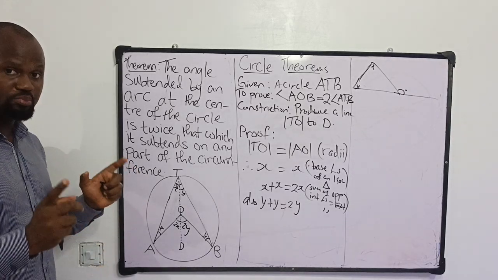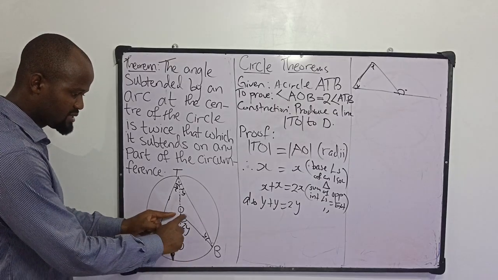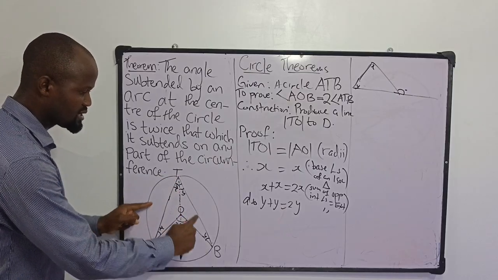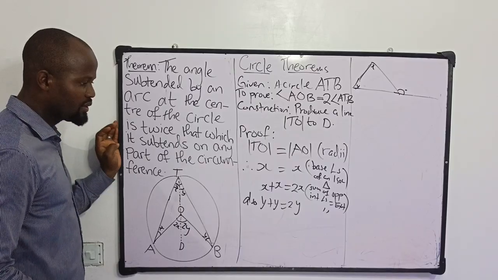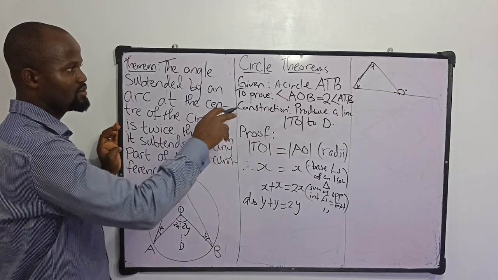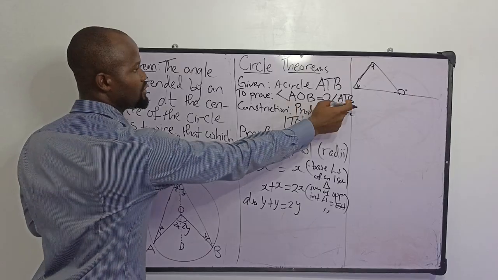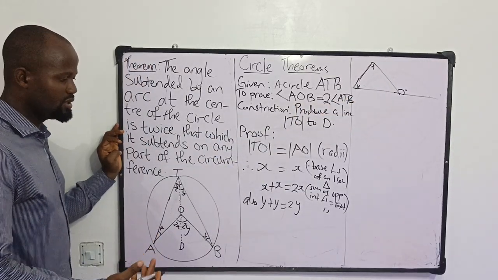Remember, we're trying to prove that the angle formed by this arc at the center of the circle, that is this angle, is 2 times that which it forms at the circumference. So what it means now is I'm going to go back to what I wrote here to prove angle AOB equals 2 angle ATB. So have I been able to bring out my angle AOB?